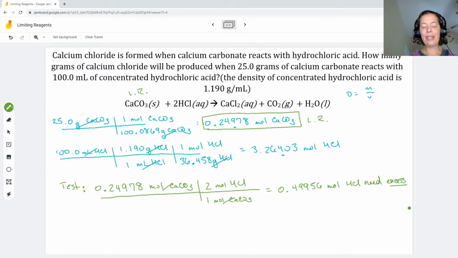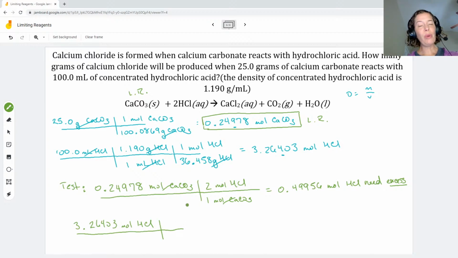Okay, but let's say we didn't test our calcium carbonate. Let's say we tested our moles of hydrochloric acid. Let's just run through that calculation. 3.26403 moles of hydrochloric acid. So if I'm going to use all of my moles of hydrochloric acid, how many moles of calcium carbonate am I going to need?